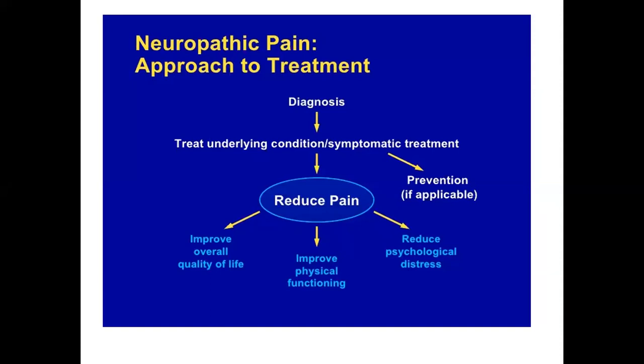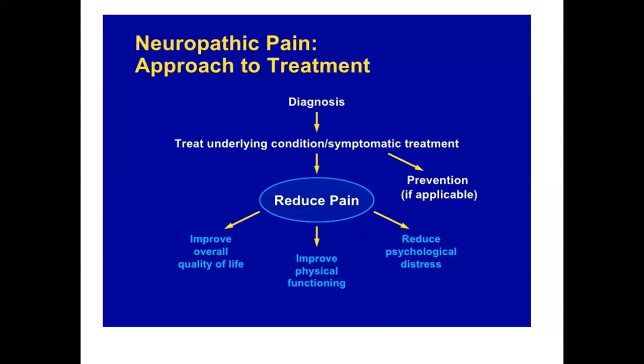Quality of life has what we call objective factors, but also subjective factors to the patient. One of the most common objective factors for quality of life is freedom from pain. So you reduce the pain, you improve the overall quality of life, or you get the patient to their normal quality of life.